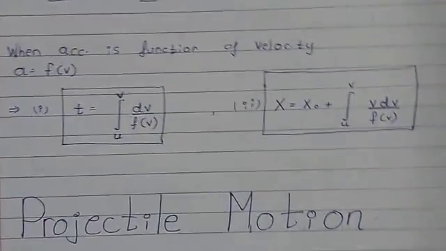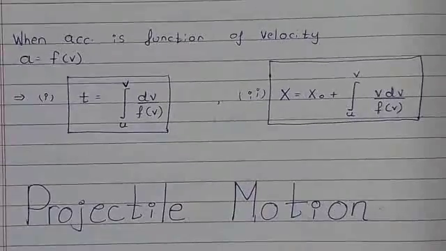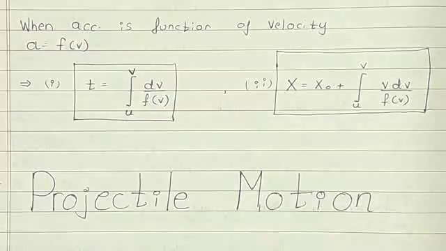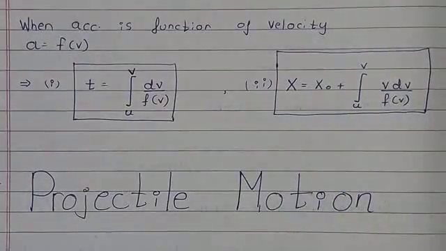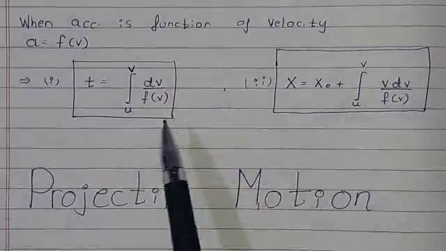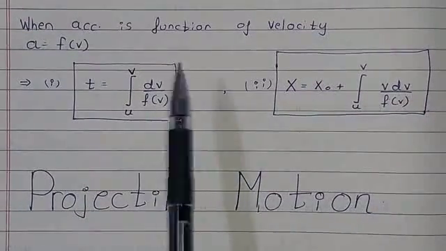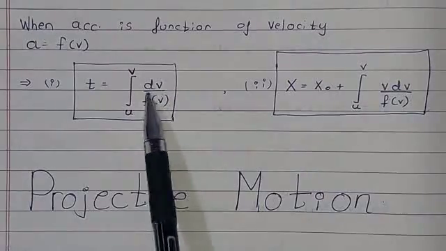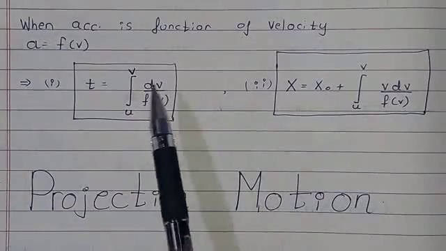And now our next topic, when acceleration is a function of velocity, a equals f of v. Then you have to remember these formulas. The first formula is time equals the integral ranging from initial velocity to final velocity of dv upon f(v), that is 1 upon the function of velocity into dv.